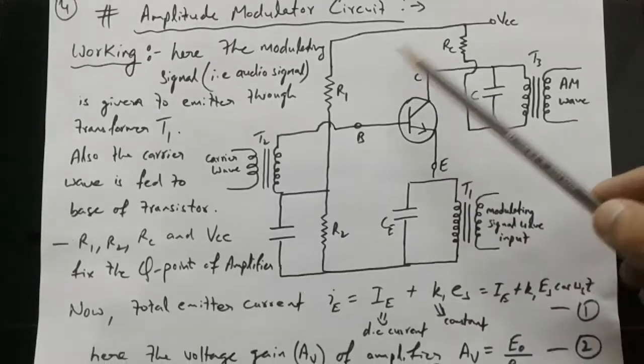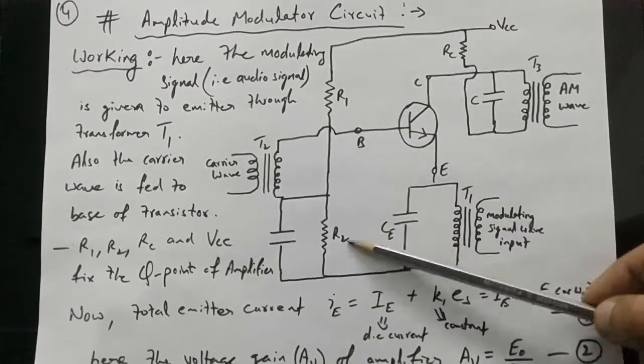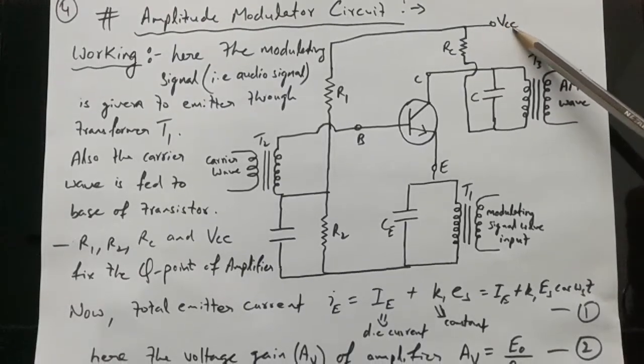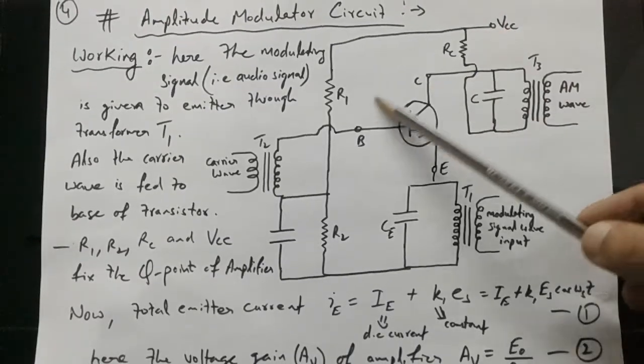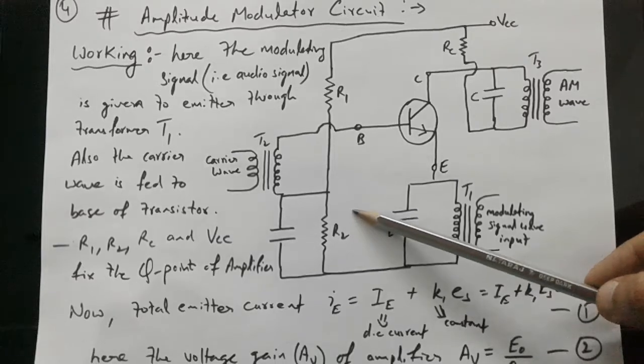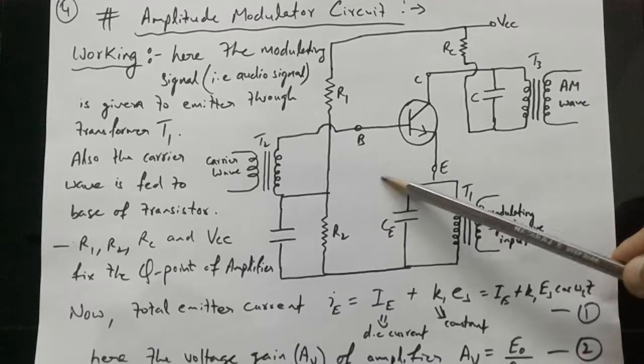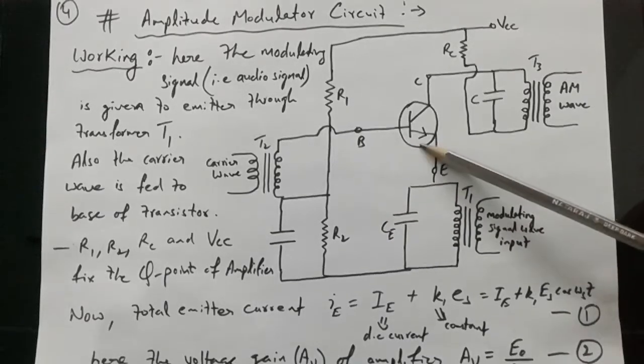All these resistances R1, R2, RC and the power supply VCC have values taken such that we can fix the Q point of this transistor.